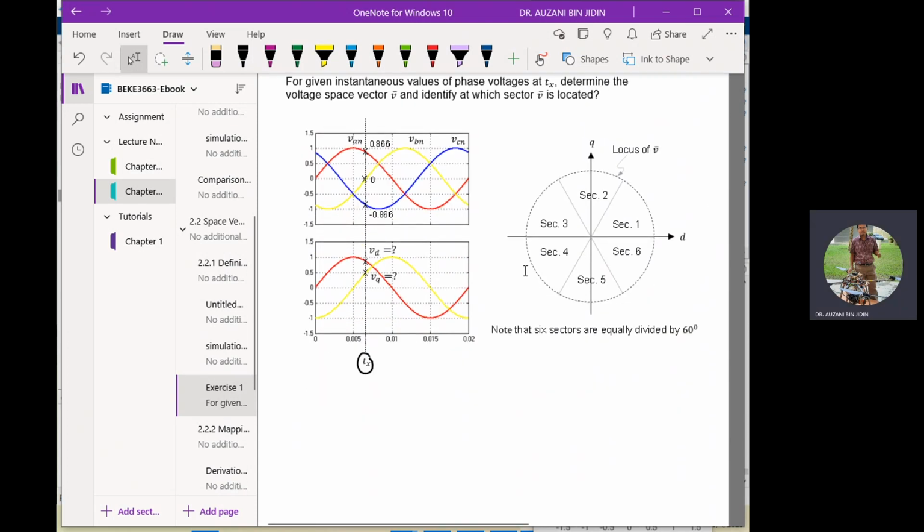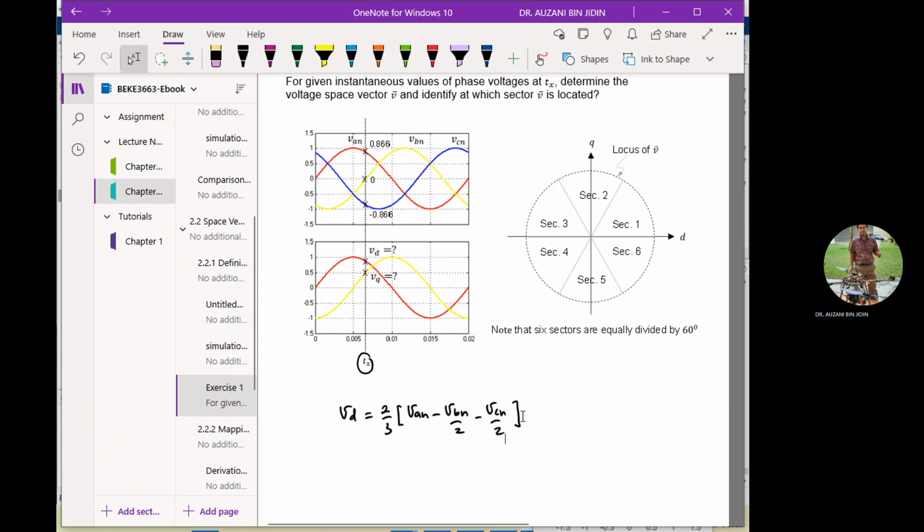Based on the waveform, it provides the information of the instantaneous value. So from there you can calculate VD and VQ. So I rewrite the equation: VAN, VBN half, VCN half. Then from here we just substitute VAN, VBN and VCN.